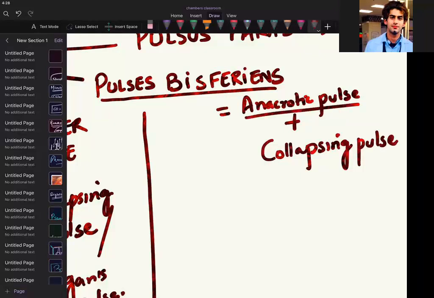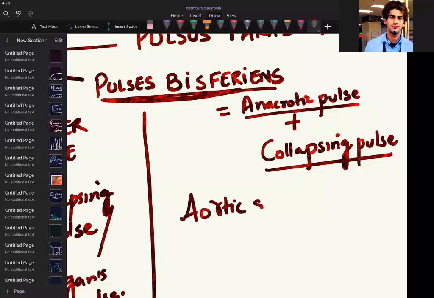This will be seen in common sense: aortic stenosis plus aortic incompetence. A patient having aortic stenosis plus another disease, that is aortic incompetence.